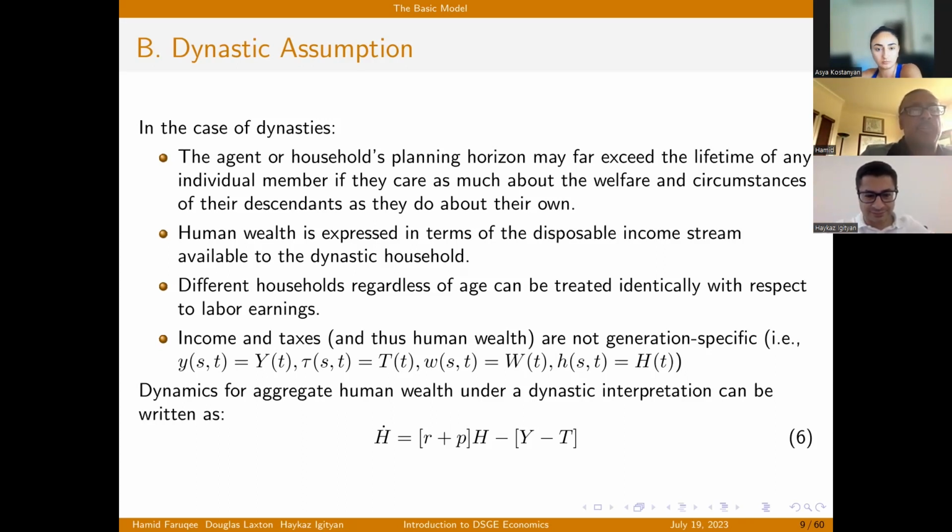And then with respect to the other assumptions, you can express the notion of human wealth in terms of this aggregate variable H.